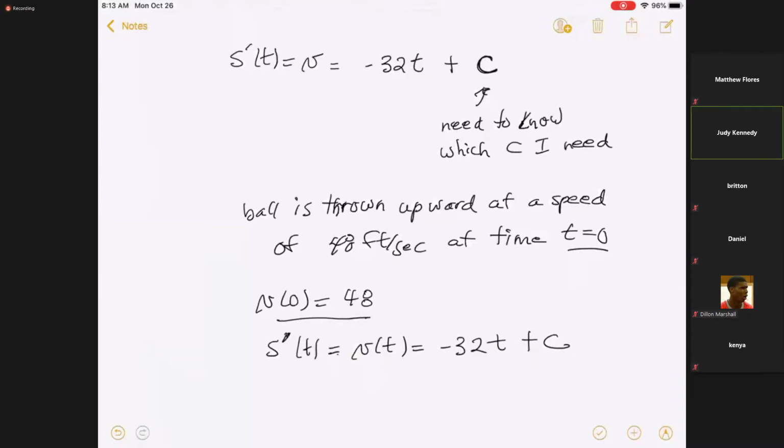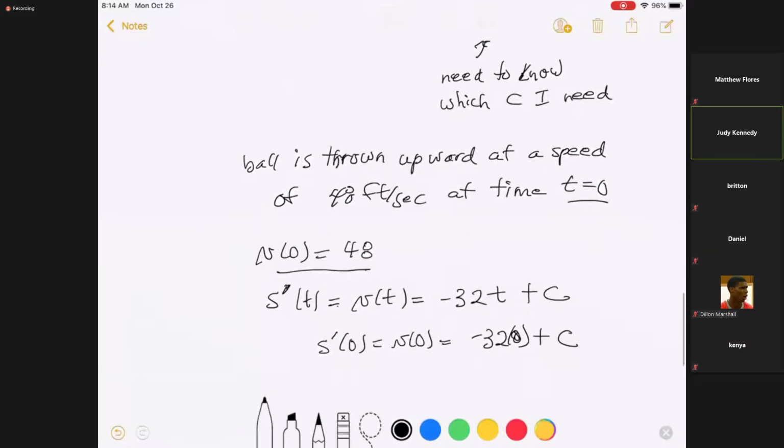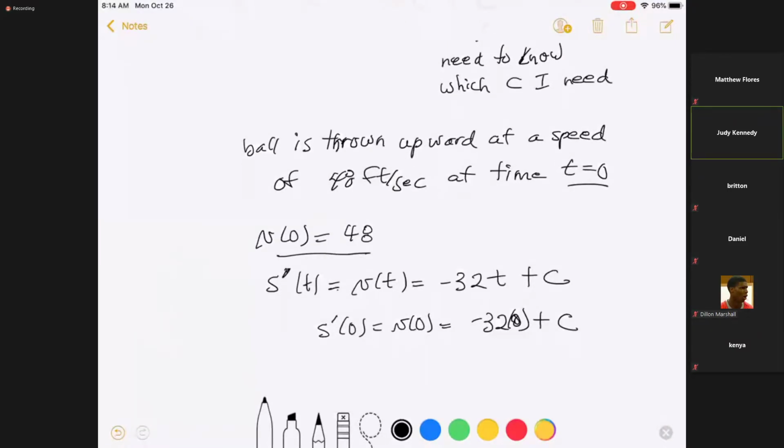And putting in 0, which means instead of t, I'm writing 0, but v of 0 is also 48.